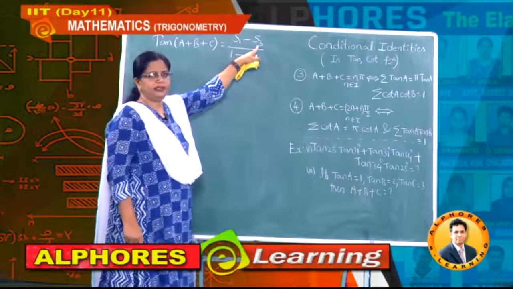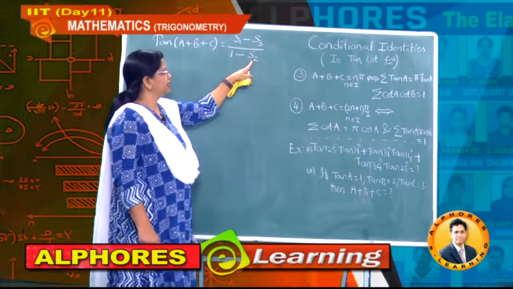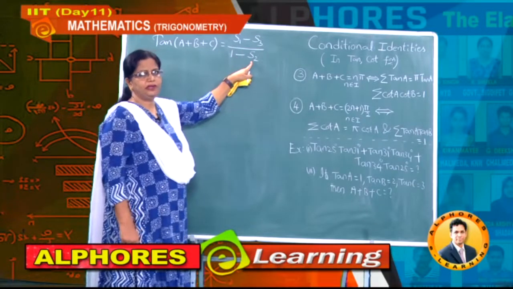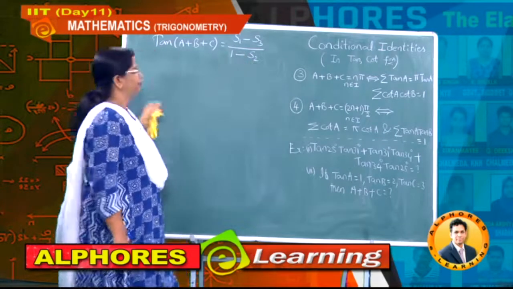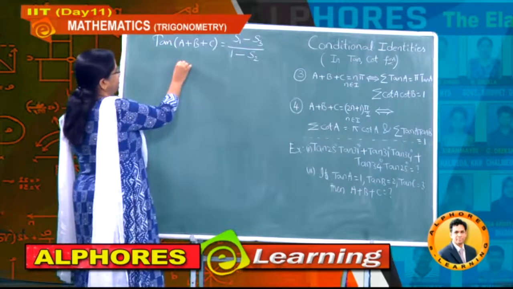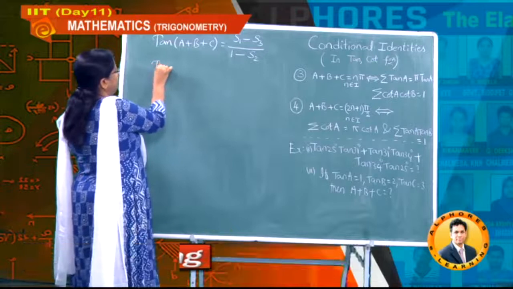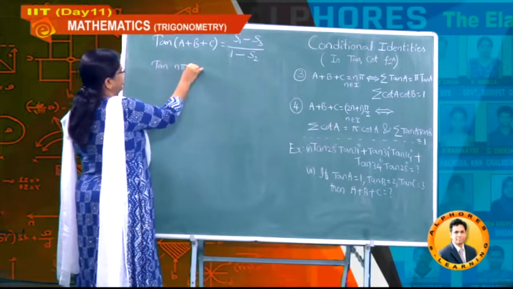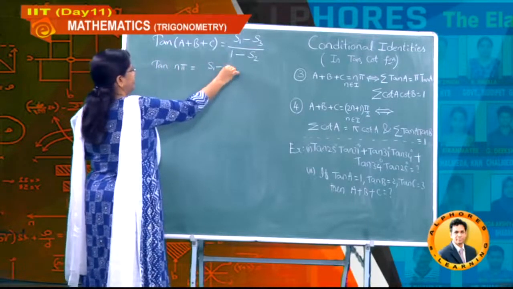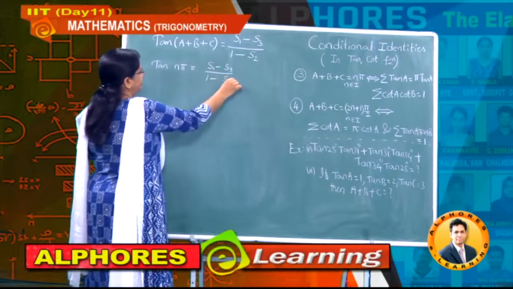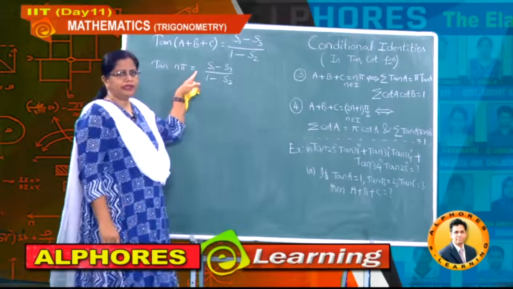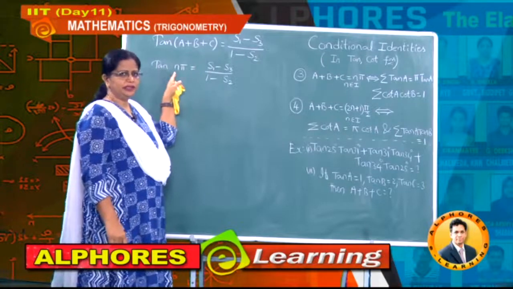S3 represents the product of all three terms. S2 represents the sum of products taking two at a time. Now if I substitute A + B + C as n pi, we get tan n pi equal to (S1 - S3) by (1 - S2). But what is tan n pi when n is an integer? It is 0.